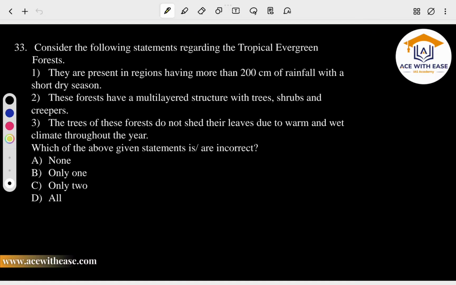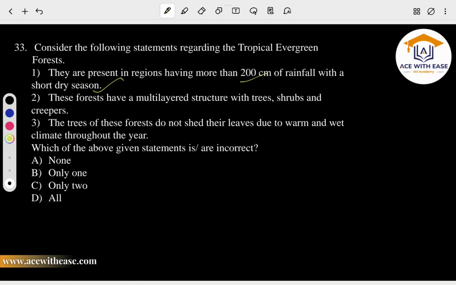UPSC has been asking this question. First, they are present in regions having more than 200 centimeters of rainfall with a short or dry season. Yes, the first statement is correct. They have a very short or non-existent dry season.